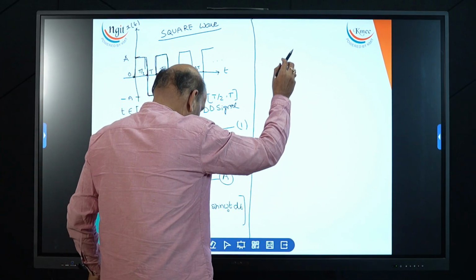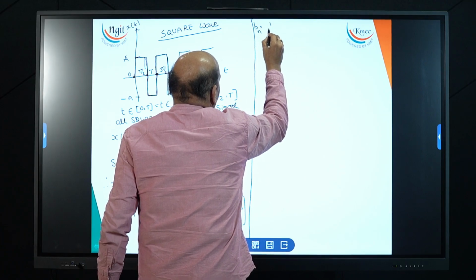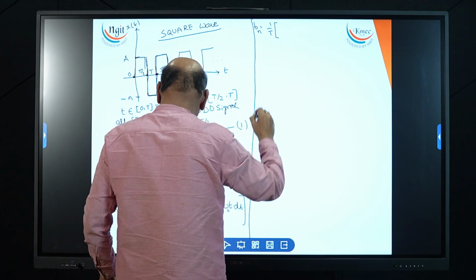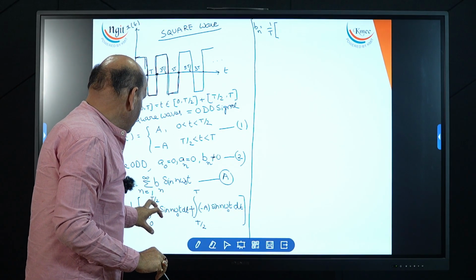So here, bn value equal to 1 by T into constant A, and the integral of sine is minus cos n omega naught t by n omega naught.